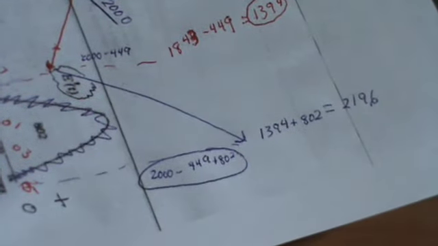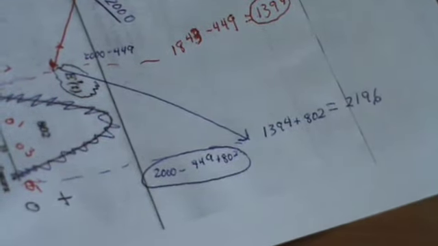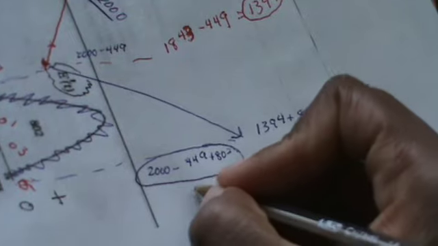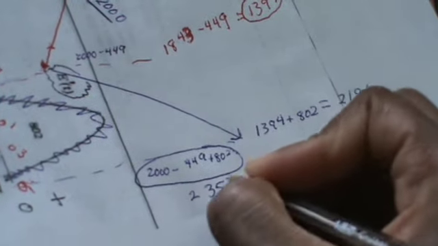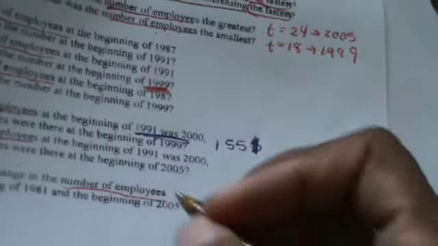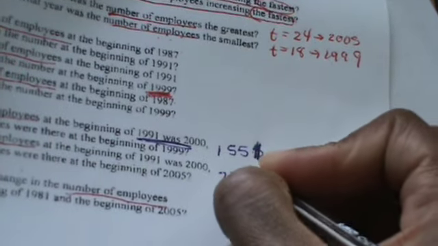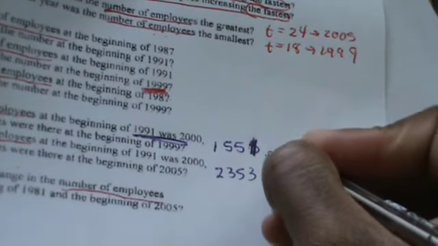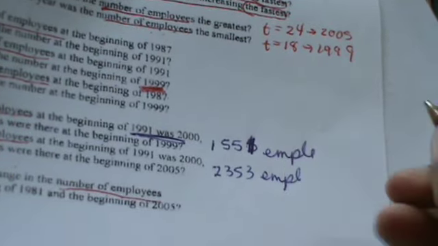You lost, but you gained. And I got 2,353 employees. Okay, please make sure you put units on it as is appropriate.